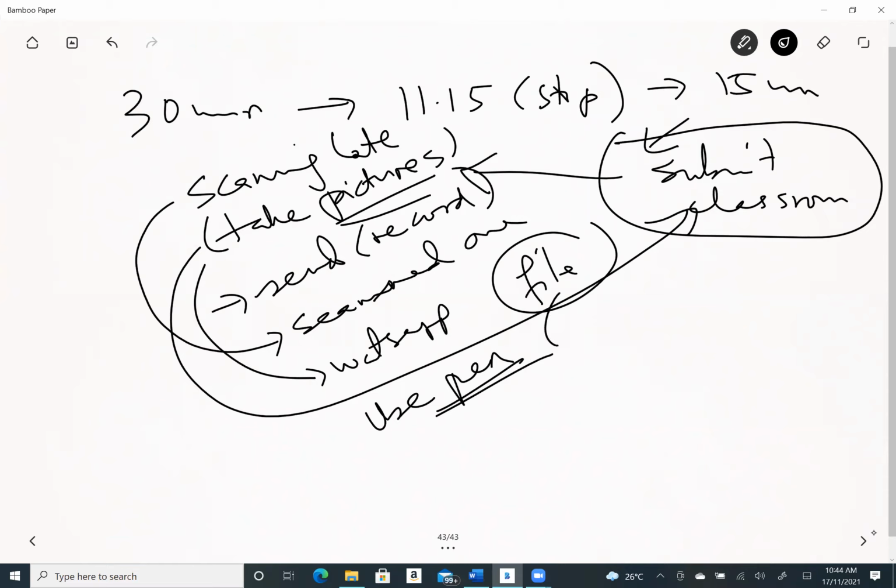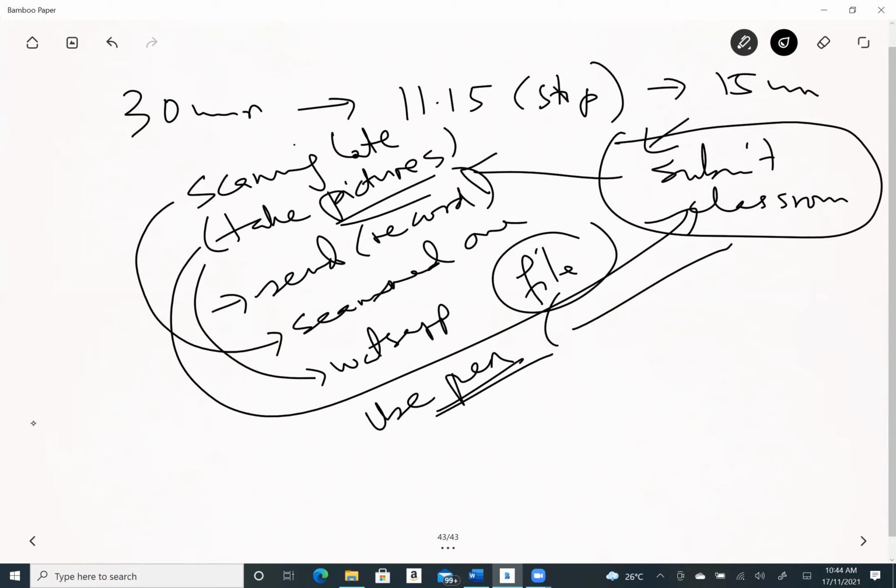Any mistake, cross it out. Don't erase. Any mistake that you want to correct, cross it out. Don't worry. As long as you write nicely, normally, not carelessly. But if you make a mistake, you don't have to erase. Just cross it or draw a line. All right. Any question?